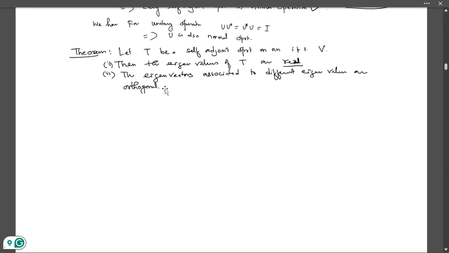So if you remember, a similar theorem was proved in the fourth or fifth week, no, maybe the sixth week. Eigenvectors associated to different eigenvalues are linearly independent, right? Here they are actually orthogonal. This is much more, since orthogonal vectors are anyway linearly independent.